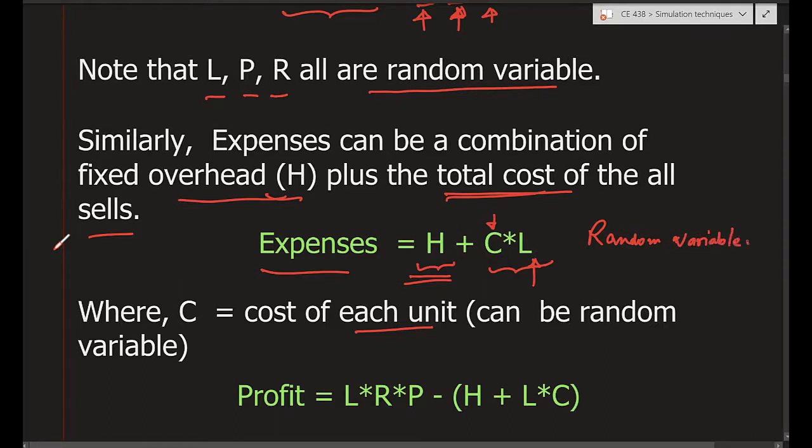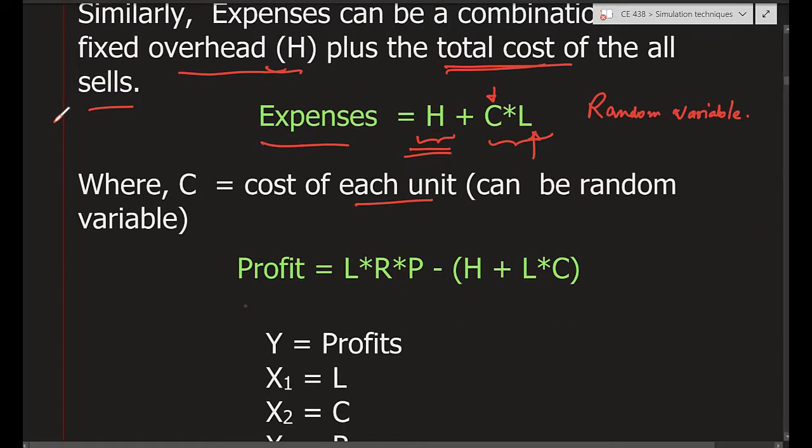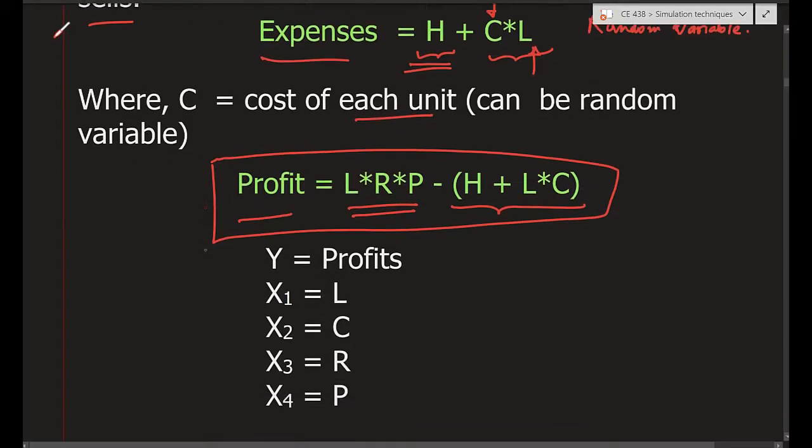So now you see my expenses and income are both random variables. So if we use this model, profit is equal to the income that we calculated earlier minus the expenses that we also calculated. So my profit is basically a random quantity, or a stochastic model.